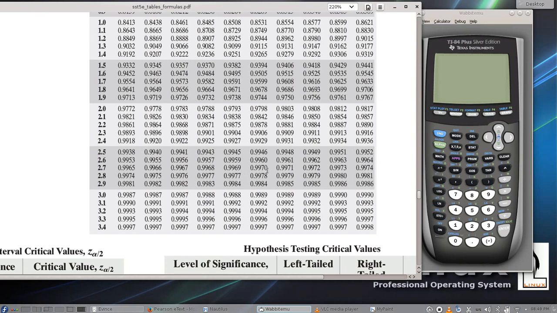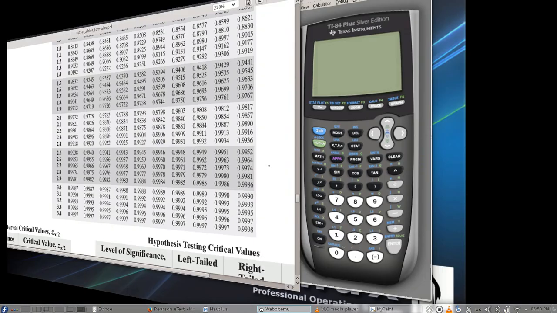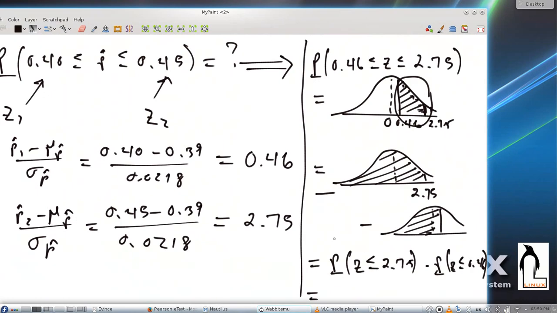Okay, so 2.75 is 0.9970. That's the first one where my arrow is pointing. So let's go back to here. Let's compute that. 0.9970.